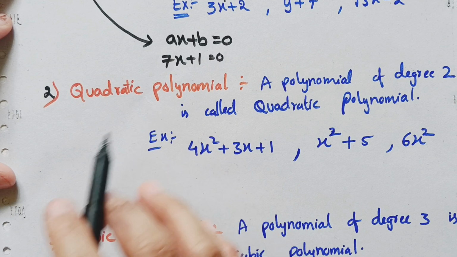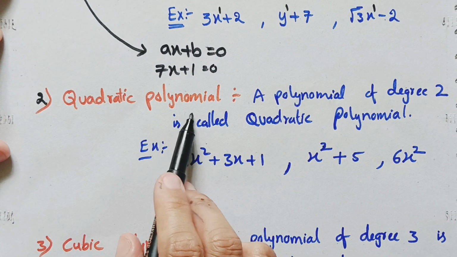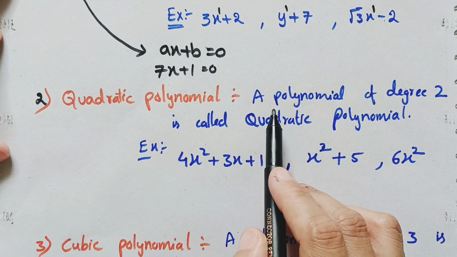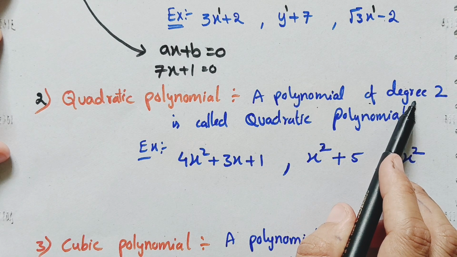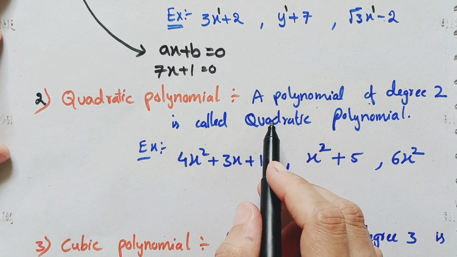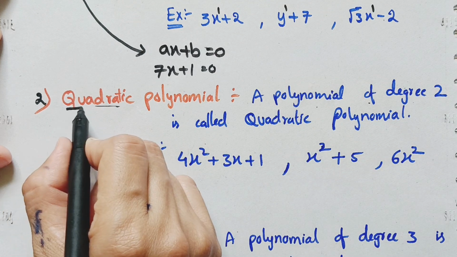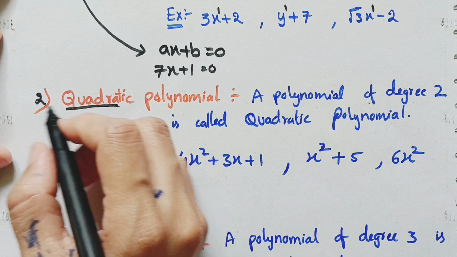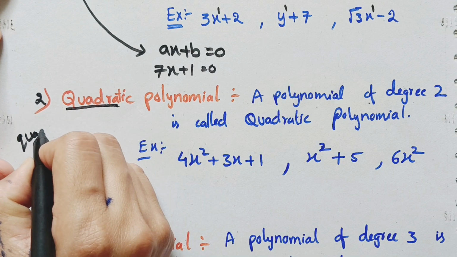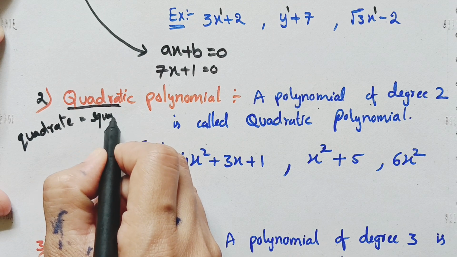So let's see the second type. Second type is quadratic polynomial. What is the definition of quadratic polynomial? A polynomial of degree 2 is called a quadratic polynomial. So here first of all we'll see what is the meaning of it. Here we have one word which is quadrate. Quadrate means square.